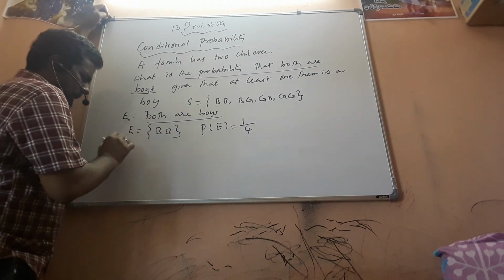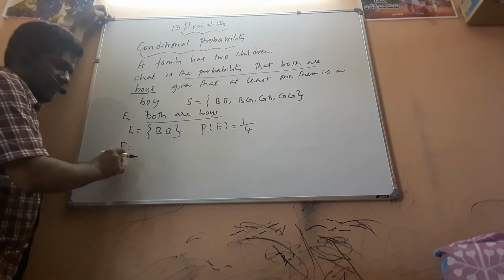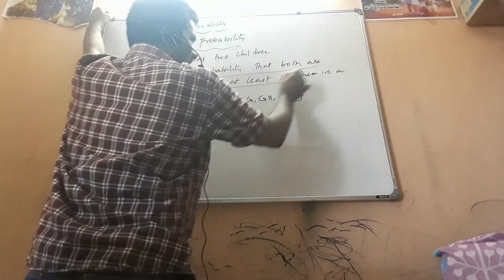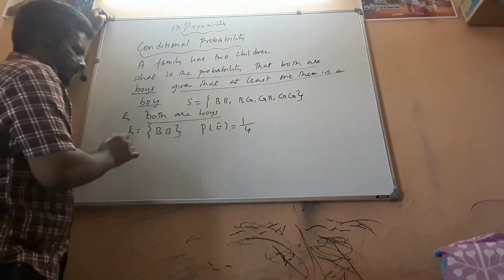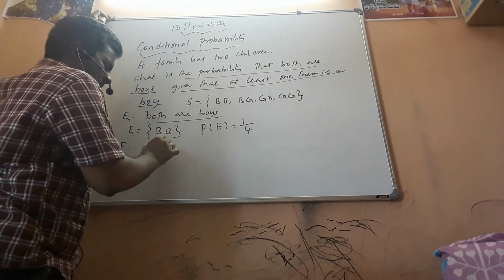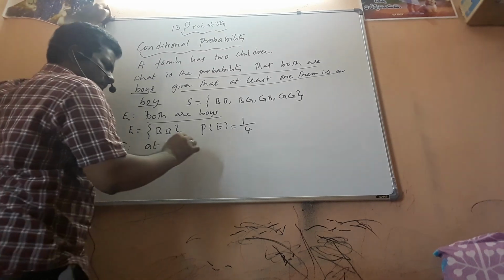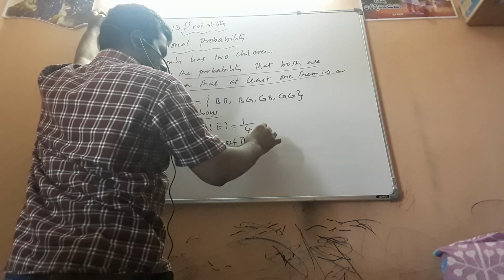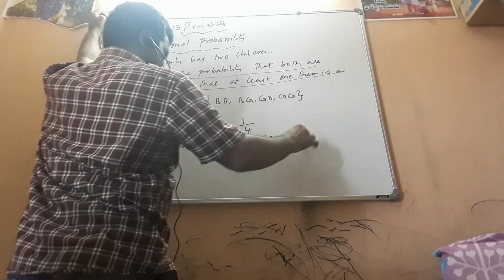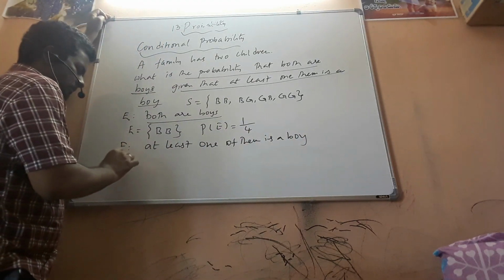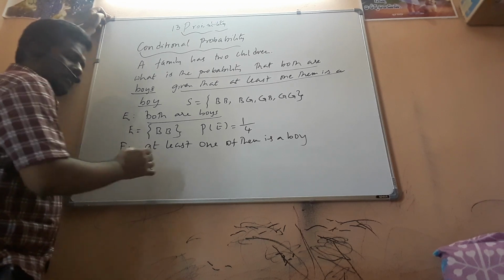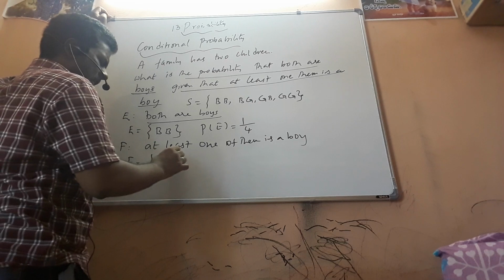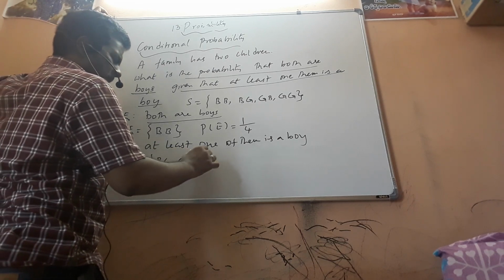Now, let us define the event F. Given that at least one of them is a boy, so F is at least one of them is a boy. Let us write the elements of F. It can be BG, GB, or BB.